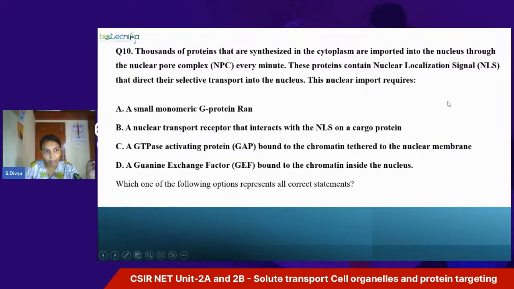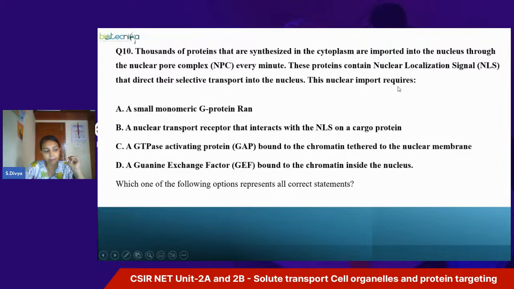Now this is with respect to nuclear transport, protein targeting. Thousands of proteins are synthesized in the cytoplasm and imported into the nucleus through NPC every minute. These proteins contain NLS that direct their selective transport into the nucleus.